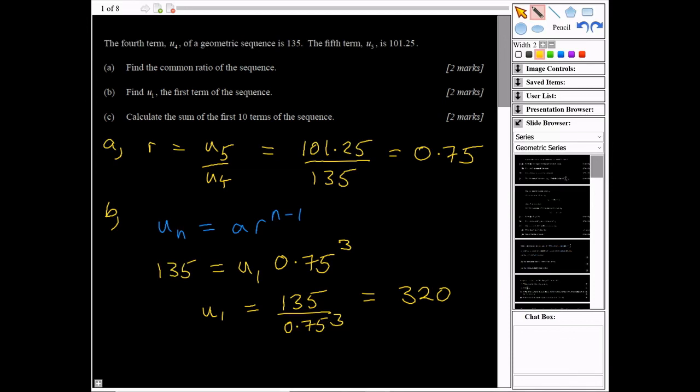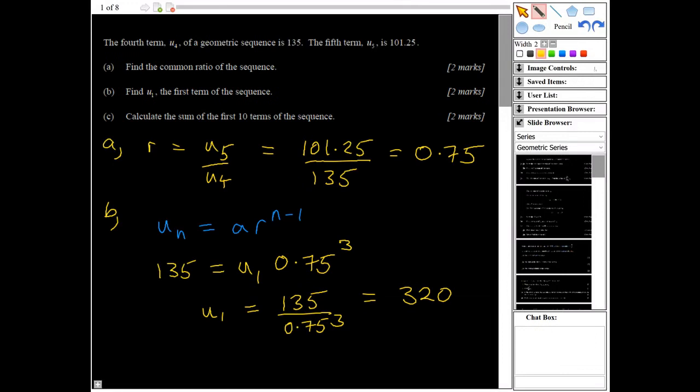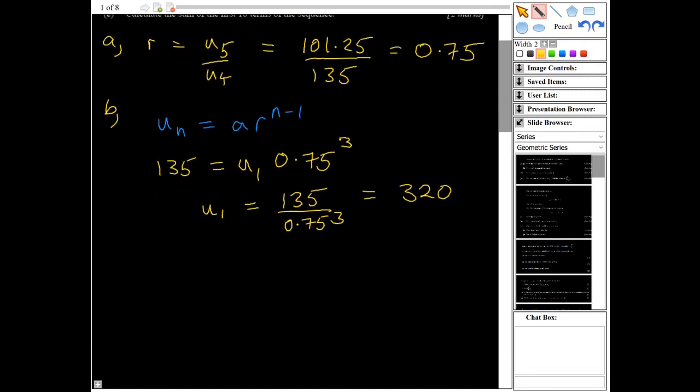Then it says calculate the sum of the first 10 terms of the sequence. So to work out the sum of the first 10 terms, we're going to use the formula for the sum.